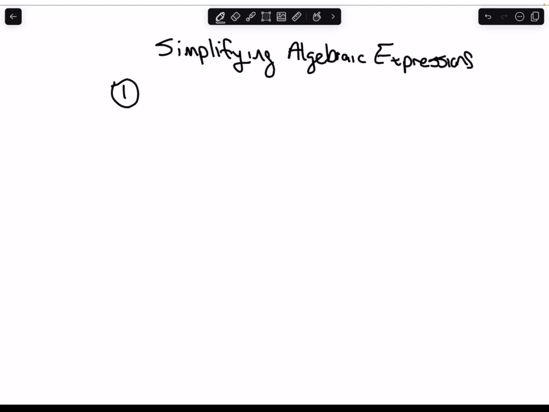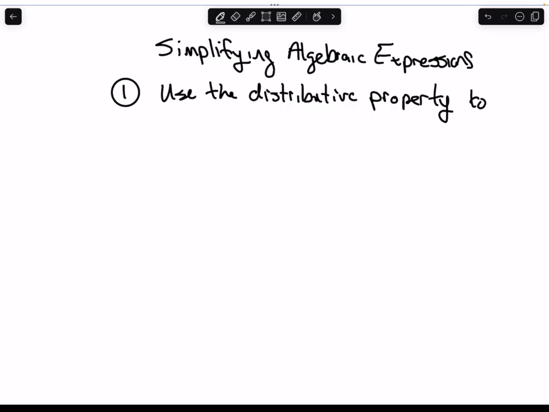Step 1. We want to use the distributive property to remove parentheses.